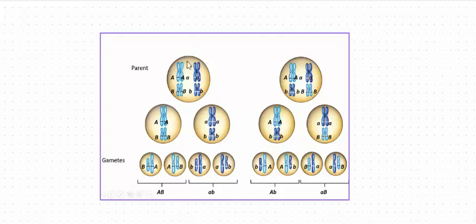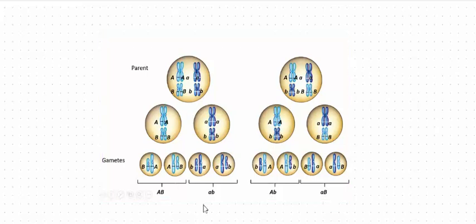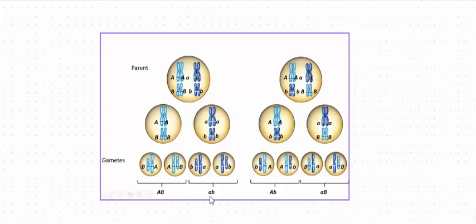If the homologous chromosomes lined up like this in metaphase 1, it would be possible to have gametes with a big A and a big B. If they lined up like this, the parent would also make gametes that have the little a and little b alleles.